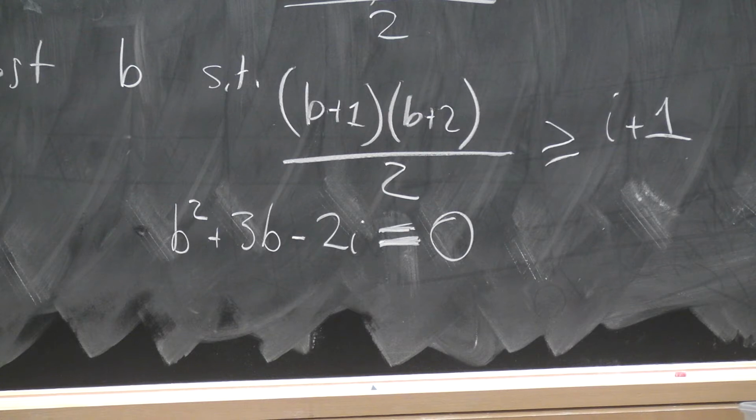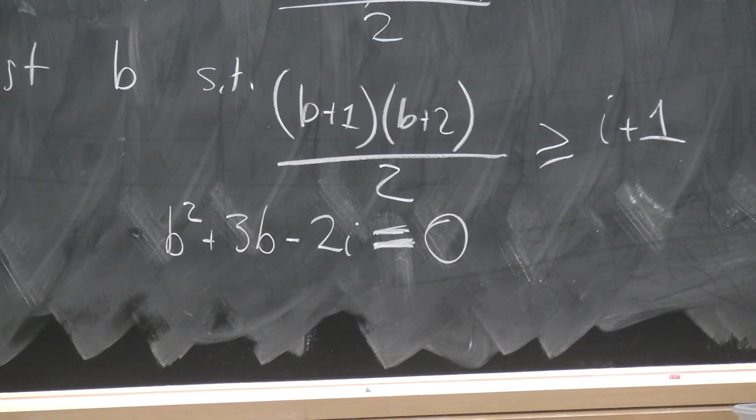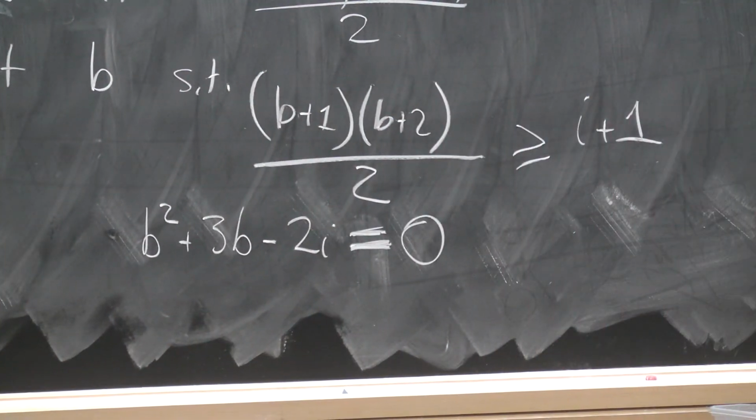What's the problem with that value of b? Well, there's 2 possibilities, but actually if we solve this, we'll see that there's only one useful one.